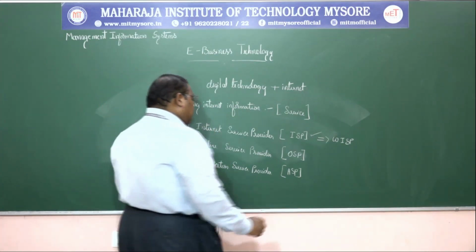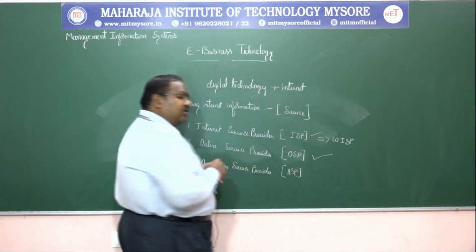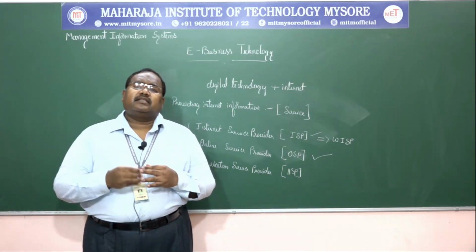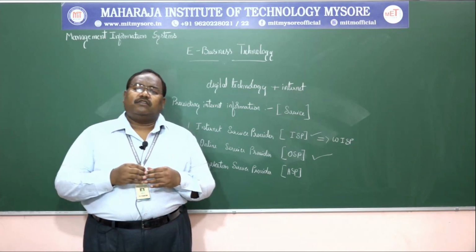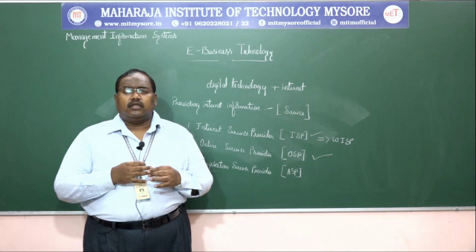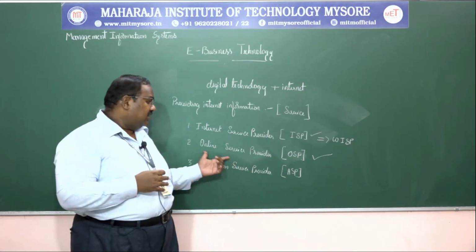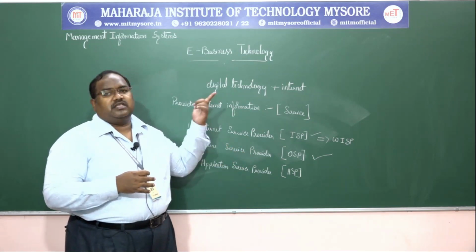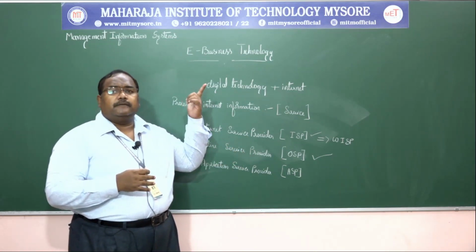The second one is the online service provider. An online service provider offers an extensive array of unique services, such as its own version of a web browser. When you talk about online services, here we provide the internet and the services for using the internet.